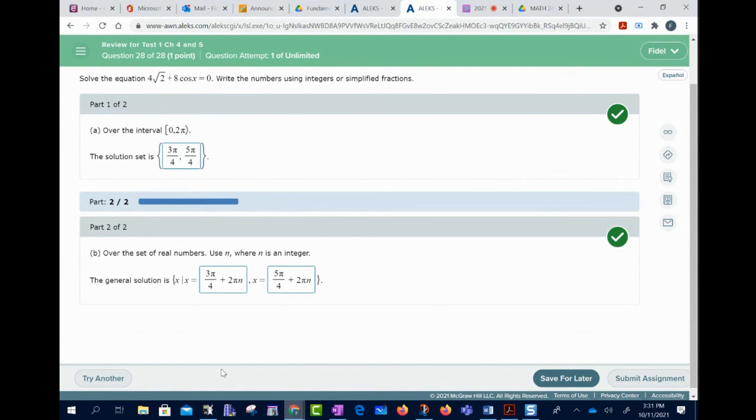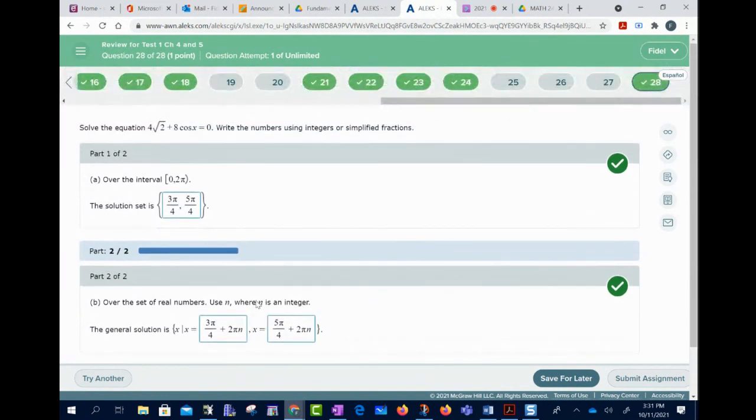So it's not necessarily that you have to do it for all 4 quadrants. It's that, like, I sent out a video on Friday, right? And part of it was the period was different. The period was not 2 pi, but like pi or something like that. For that one, we were putting the general answer first, and then we were doing the interval from 0 to 2 pi.